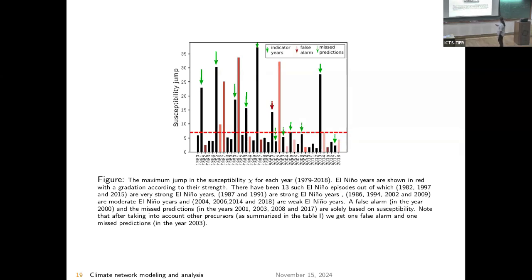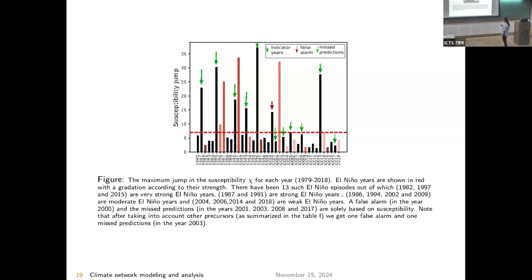Here I have given the susceptibility jump for every year, not just indicator and El Nino, from 1980 to 2018. We say that when the susceptibility jump, or the mod of delta chi, goes beyond a certain threshold, which is 7, this 7 we got by optimizing the false alarm and getting better prediction.